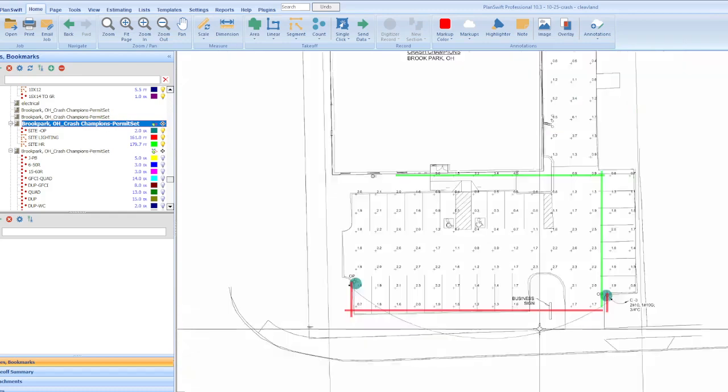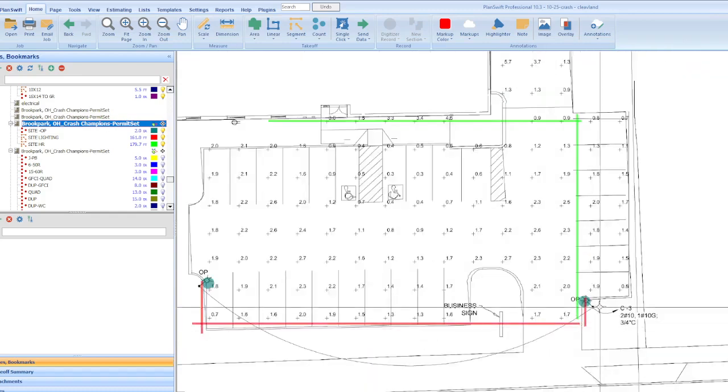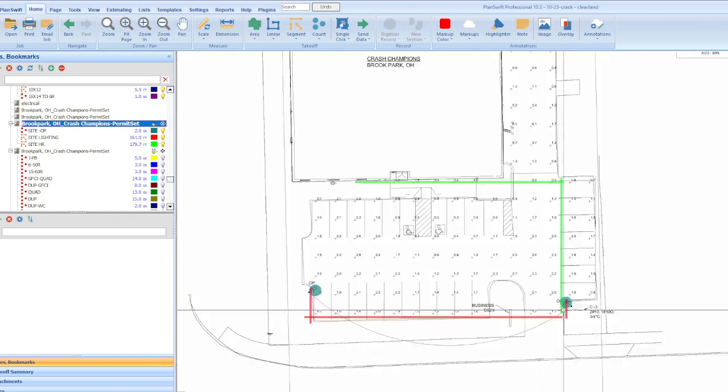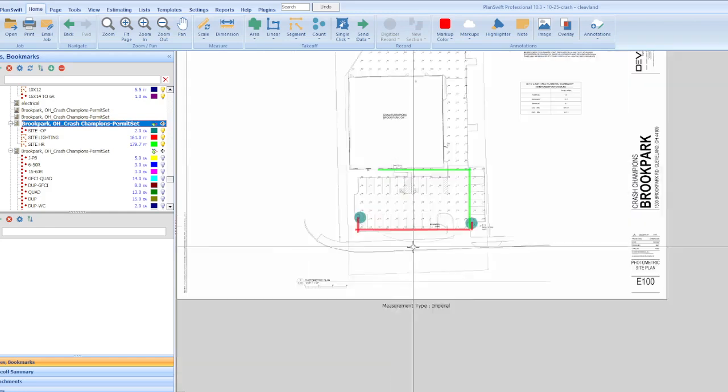I don't think that's conservative. But this may be, in the real scheme of things, if they have to trench that, they may not trench it again to go there. They may just go back here and then go like that. Who knows? But for the purpose of our estimate, every estimator has to figure out that same thing. So we're going to give it the most leeway.